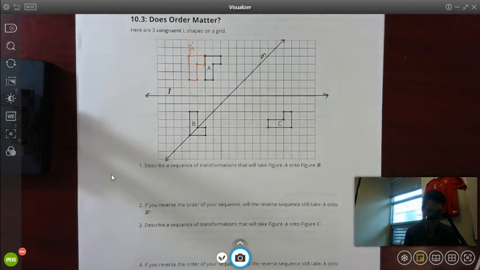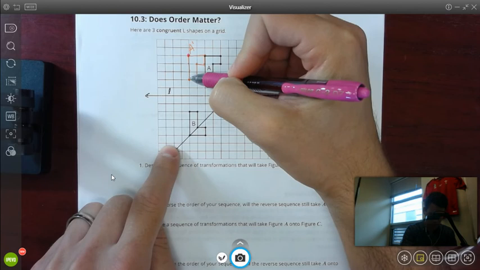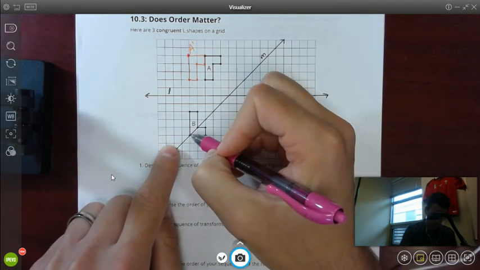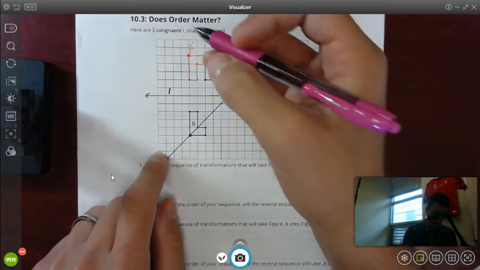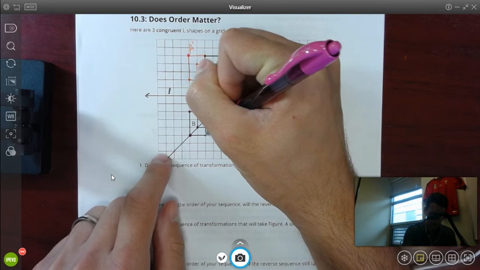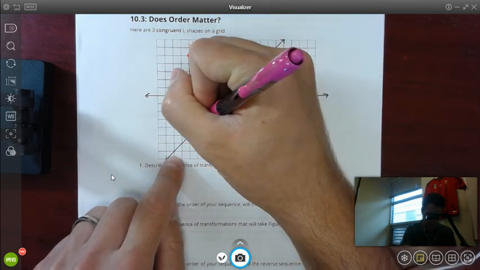And then if I were to reflect that over this line L, I could take this point, 1, 2, 3, 4, 5 spaces, 1, 2, 3, 4, 5 spaces across L. That shows me that all of these points are going to stay the same amount of spaces away from their counterparts.